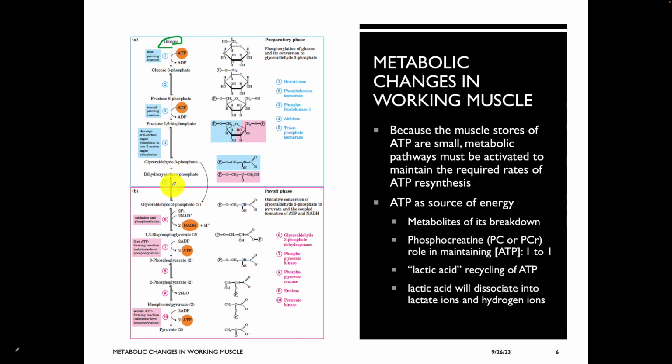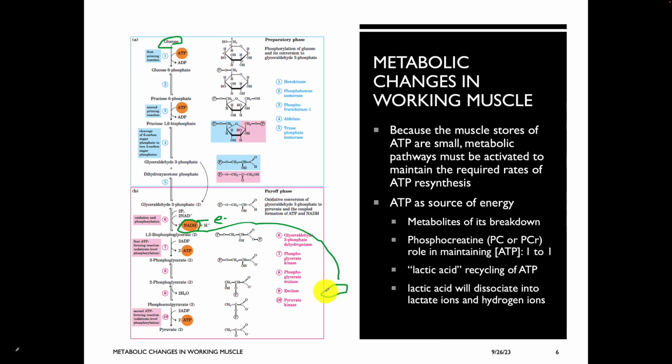investment phase. But once we get deeper into glycolysis, you can see here that we generate an NADH. And this NADH is carrying an electron. And this NADH is going to leave the cytosol and go into the mitochondria.